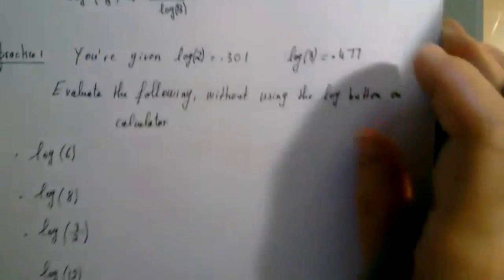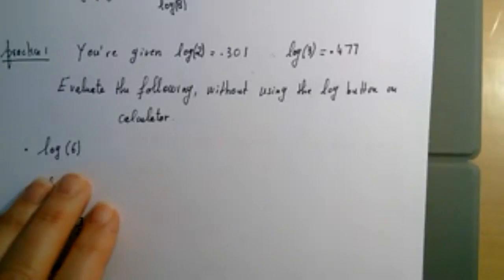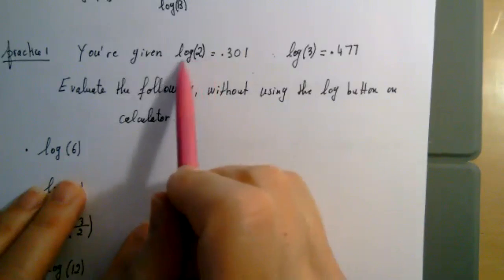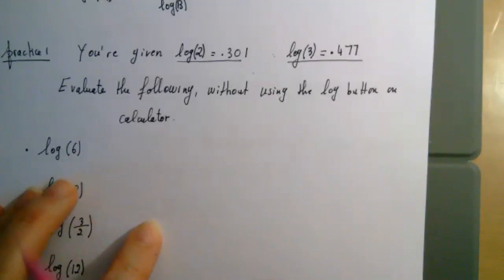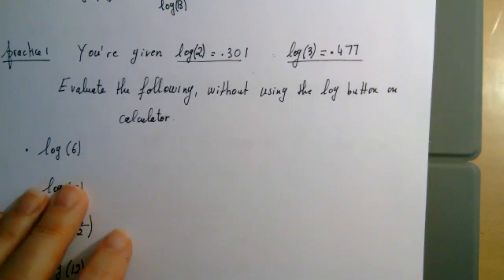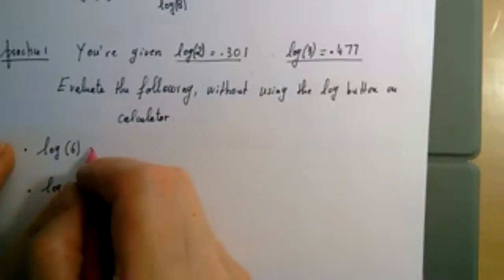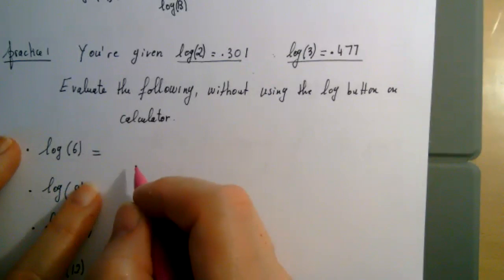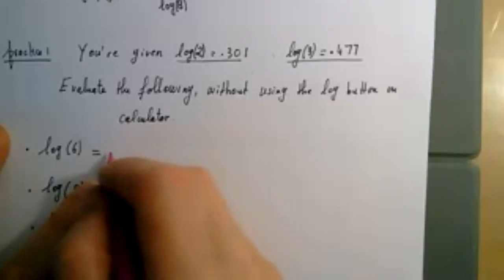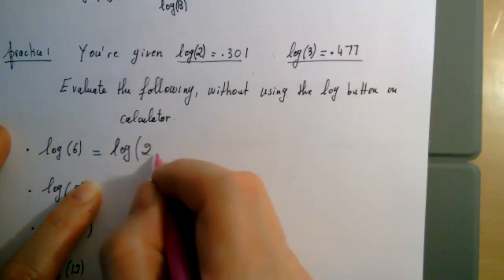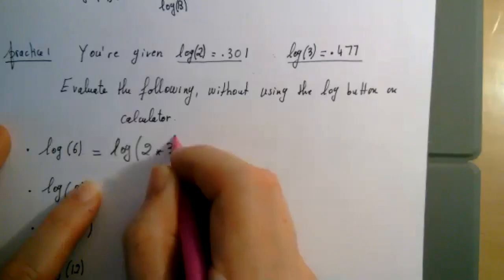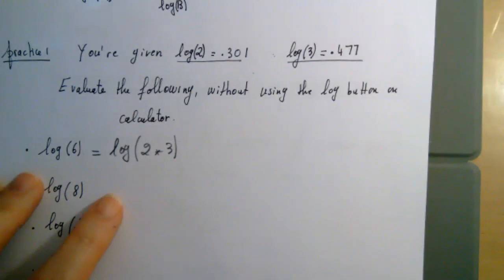All right, so let us start with the first one. How can I use this piece of information to find the log of 6, which I did a minute ago? A would be 2. So I rewrite this as 2 multiplied by 3, which is not changing anything.